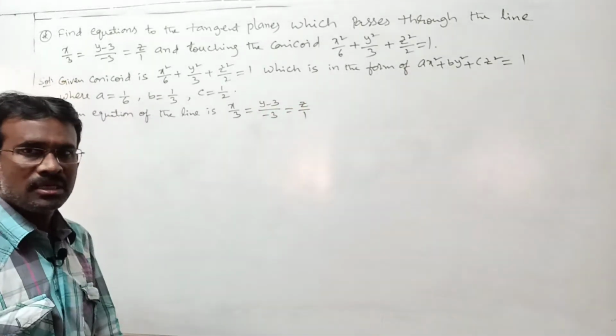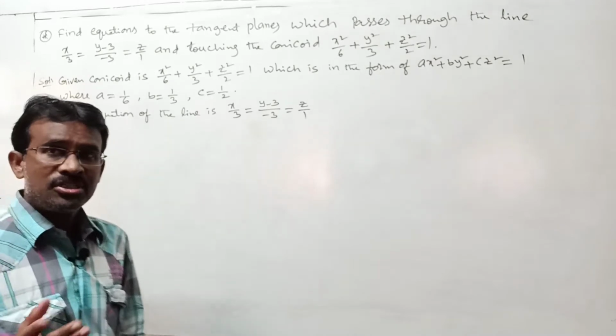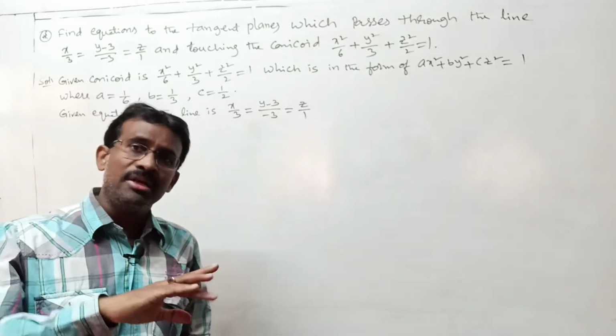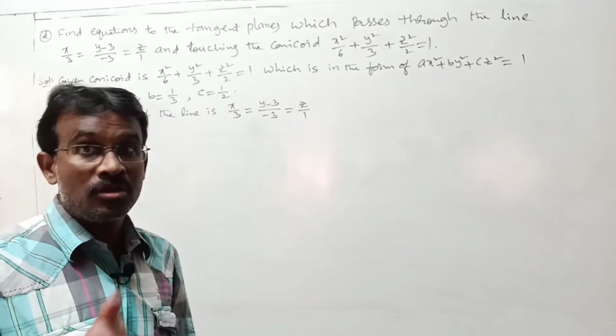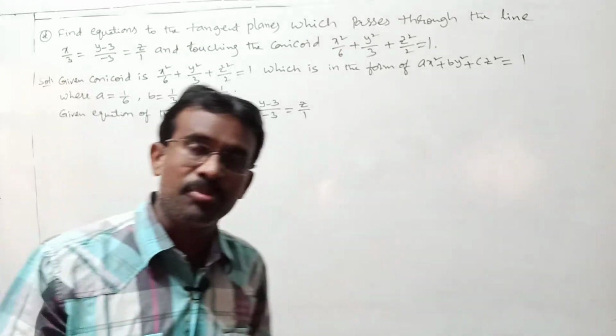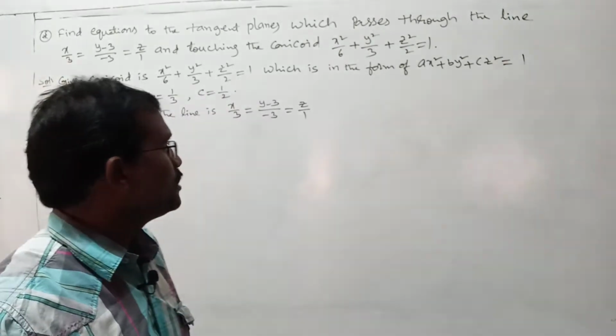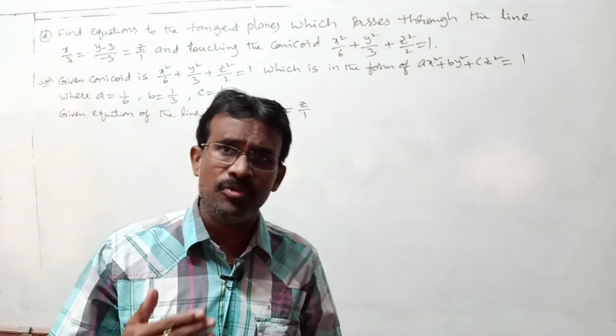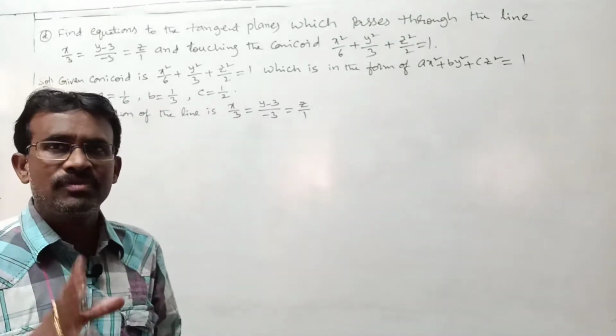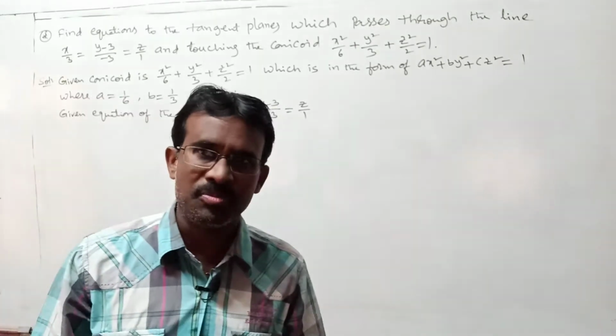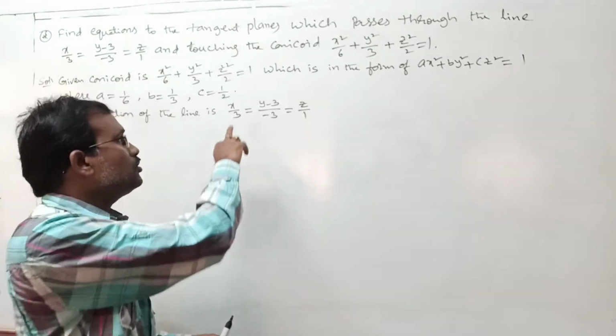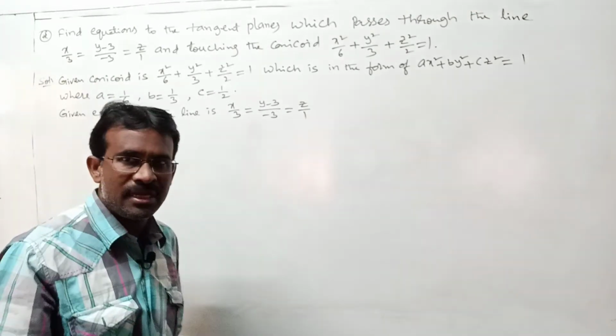It is very simple. Conversion of symmetric to unsymmetric is very easy, but unsymmetric to symmetric is very difficult. One special procedure is there that we can discuss in the lines chapter, but we are not having the lines chapter, that's why I don't want to go through that big concept. Here we just have to change the symmetric form equation of the line to the unsymmetric form.